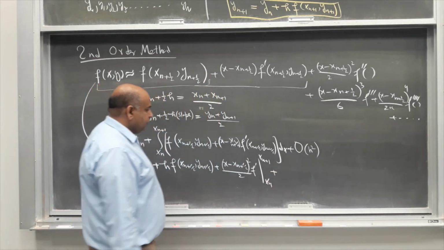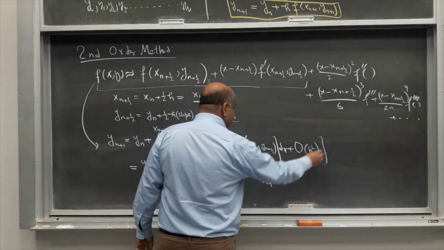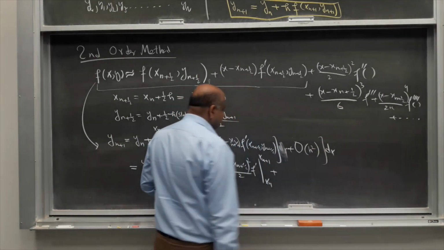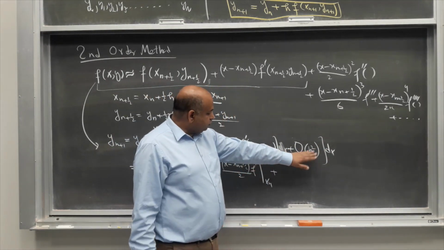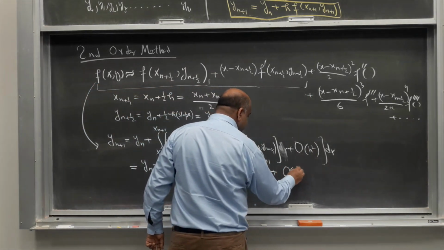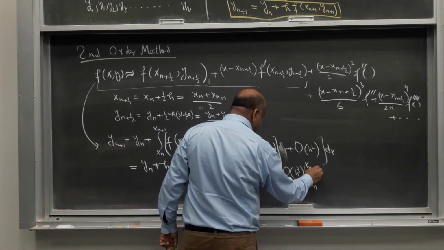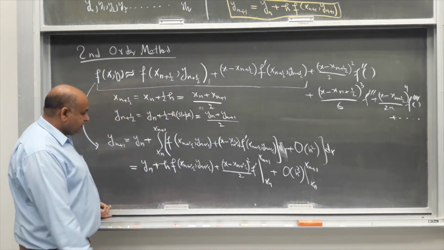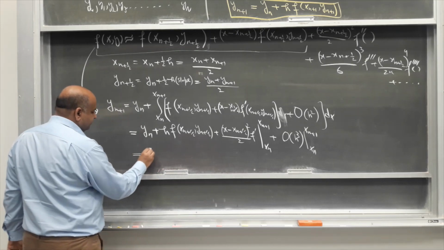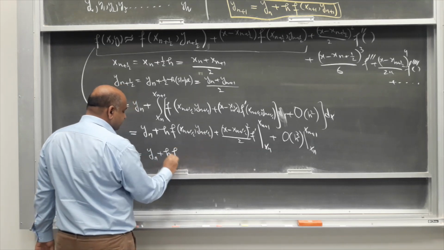So this dx should have been here. This term is of order h squared, so the integral would be of order h cubed, and it has to be integrated from x_n to x_{n+1}. Okay, now we have this simple relation. This remains as it is.